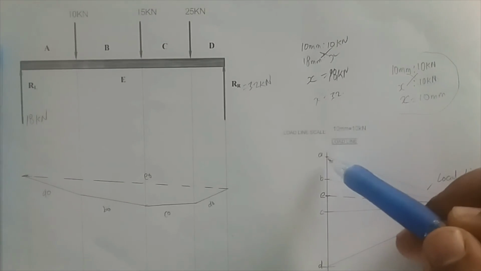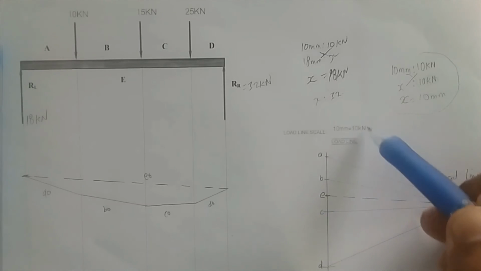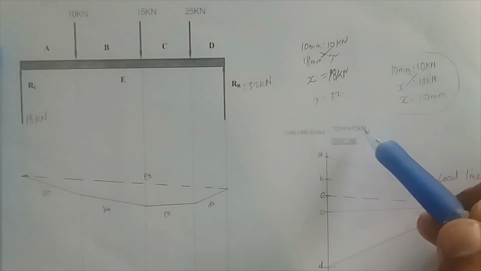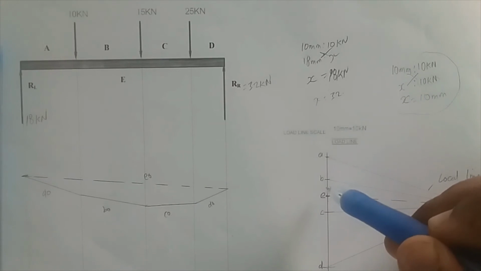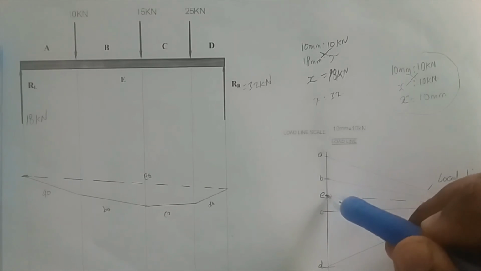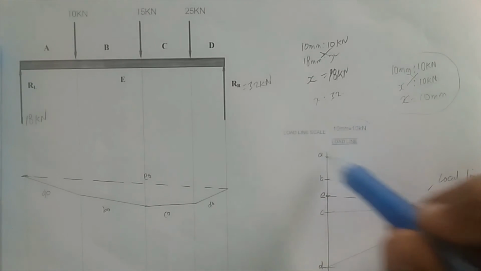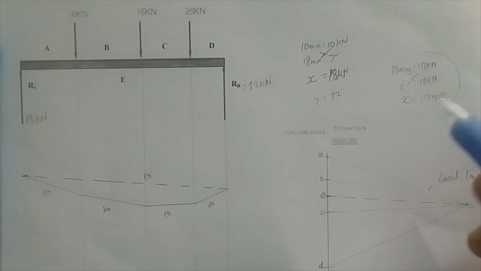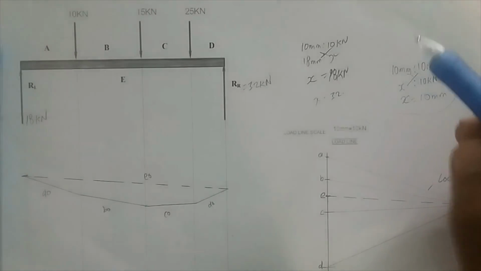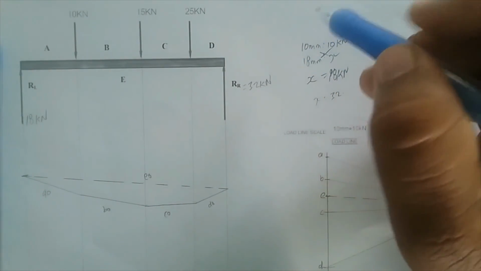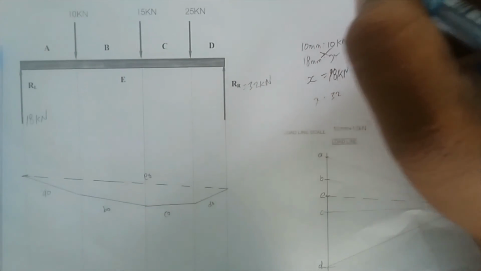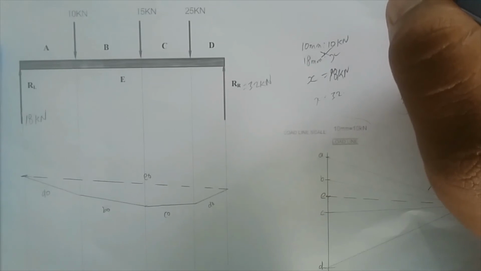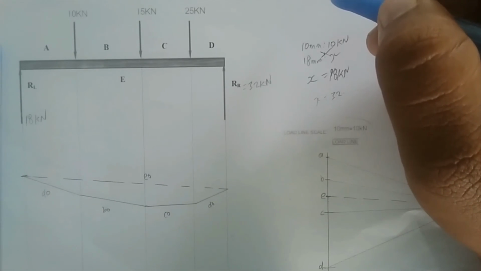Once again, measure the distance from A to E, use the load line scale, get the value of RL, measure the distance from E to D, use the load line scale and get the value for RR. To make sure that your answer is correct, as I told you before, the sum of the forces acting upward will be equal to the sum of the forces acting downward.